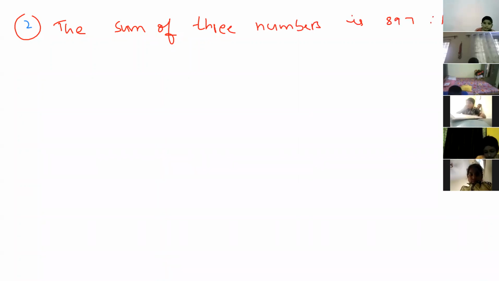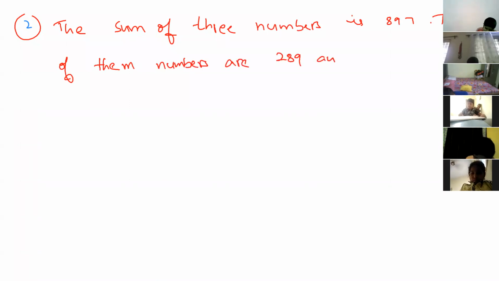Two of the numbers are 289 and 324. Find the third number.